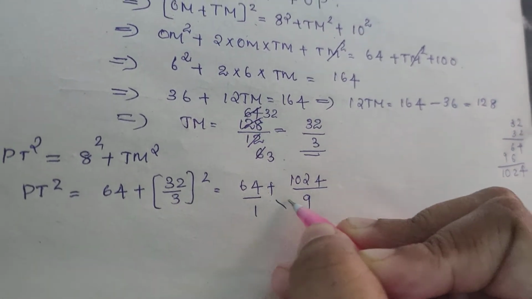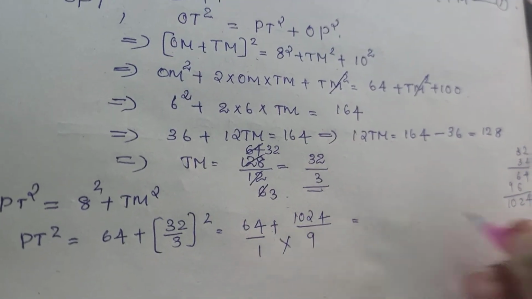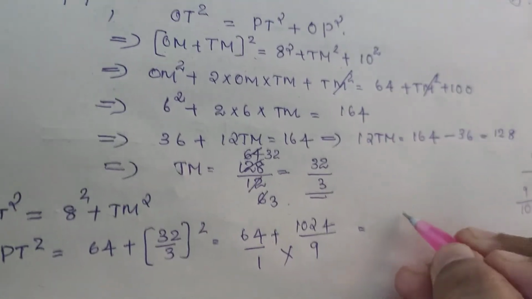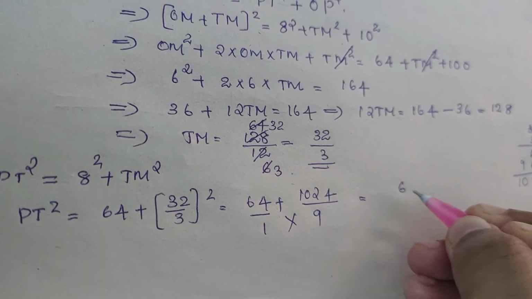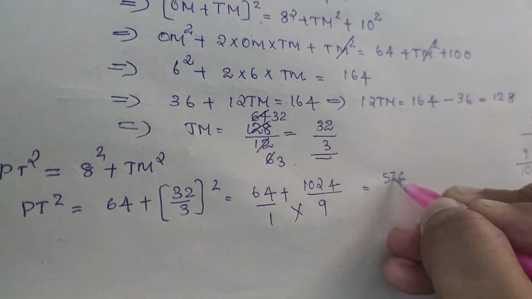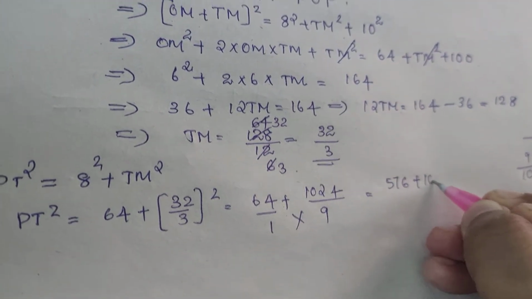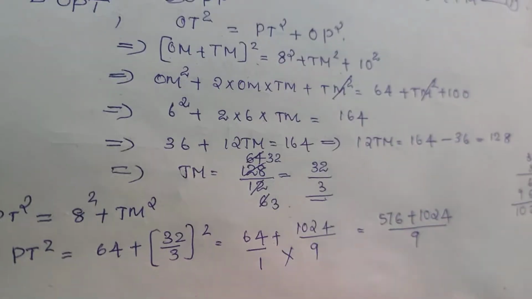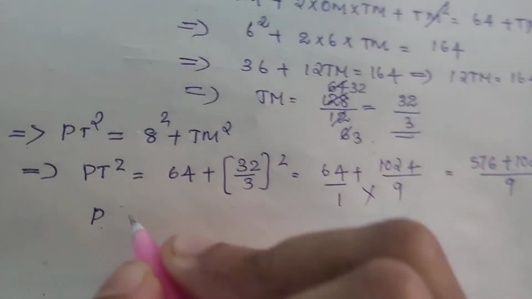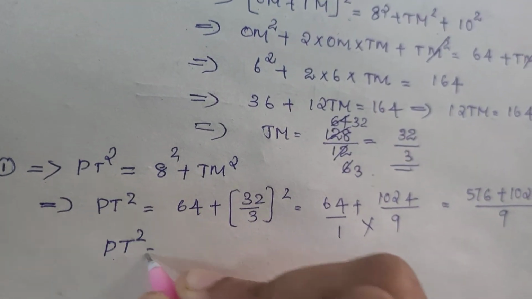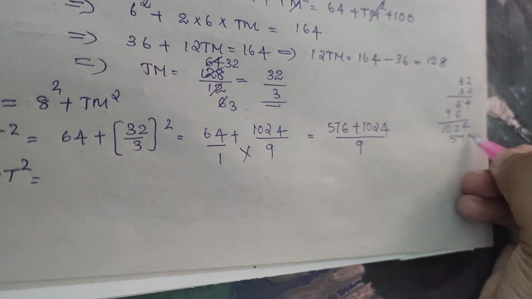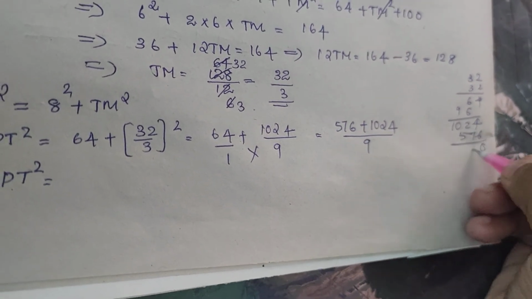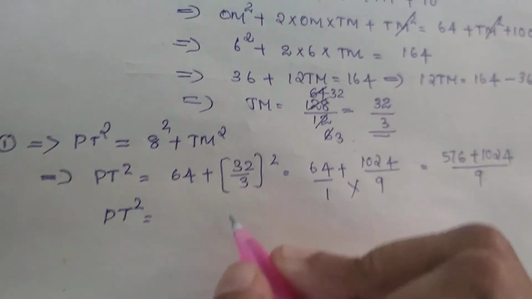Then solving the equation, 64 into 9 is 576, plus 1024 divided by 9. That is PT square is equal to 1024 plus 576, that is 1600.